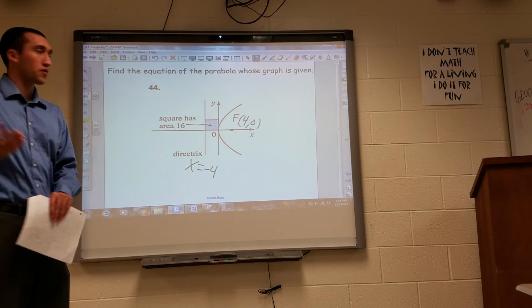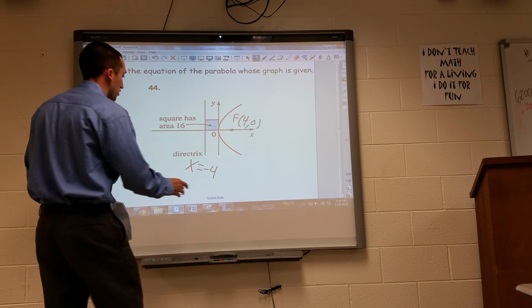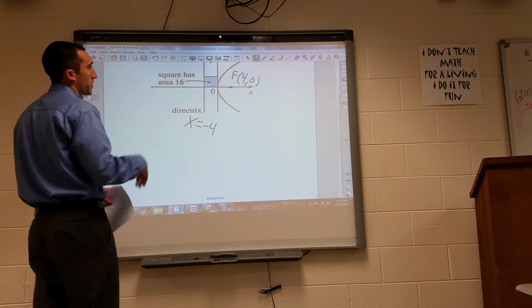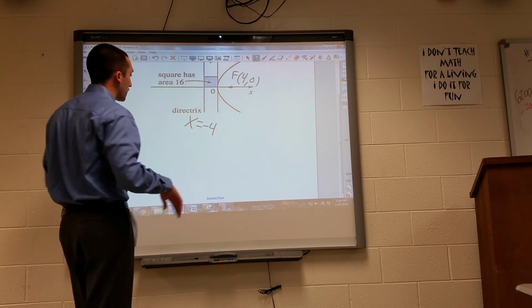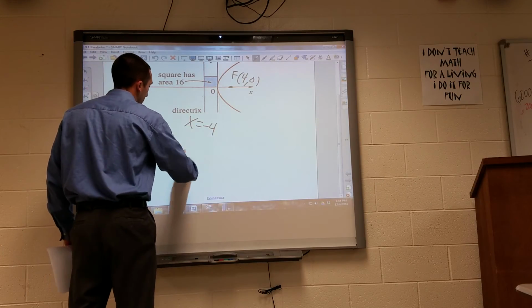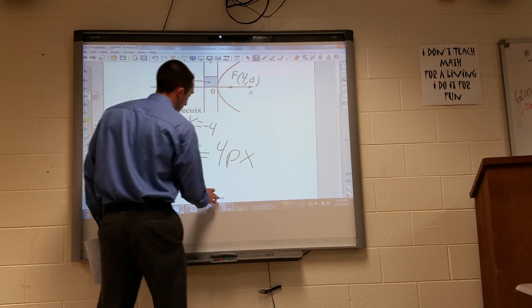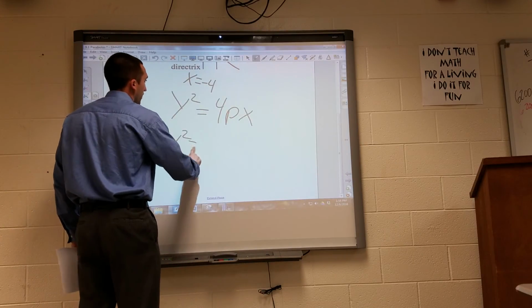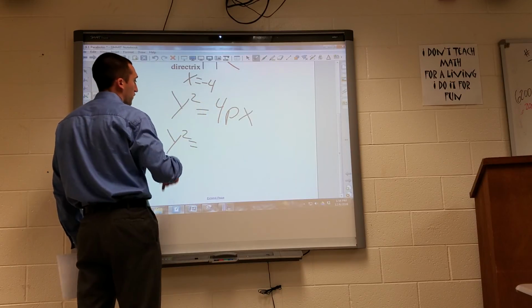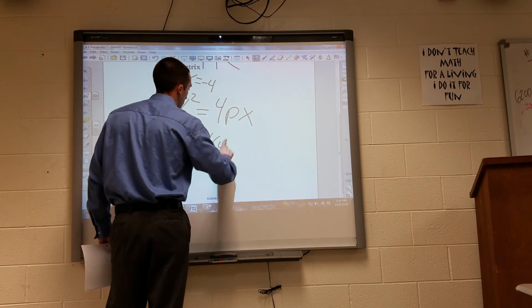Okay, so now I know a lot to work backwards and go ahead and get my equation. Right, general form here, since it's a horizontal equation, we're going to get y squared equals 4px. I found out that p must be equal to 4, right?